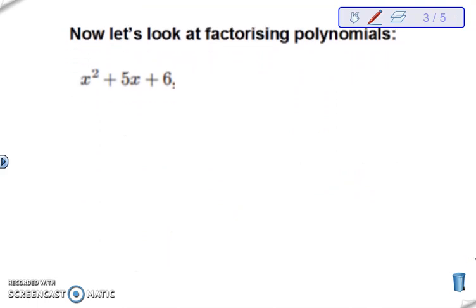All right, so the next thing, rather, factorizing. So the IB calls it factorizing. In US textbooks, you will see it simply referred to as factoring, right? So if you did this in Algebra 1, we called it factoring.